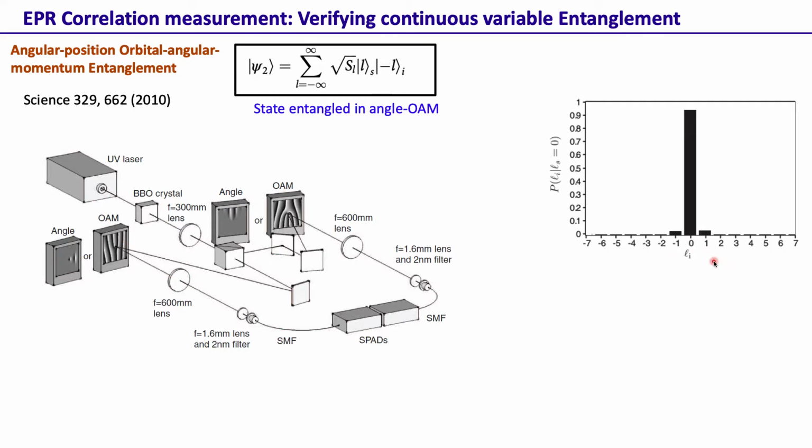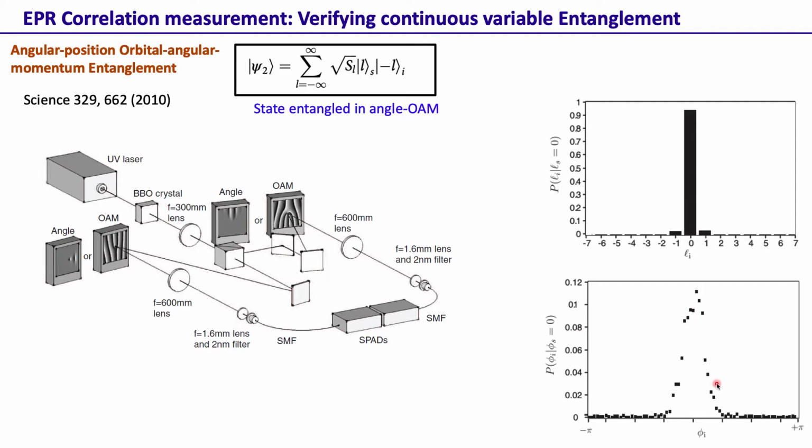So here is the experimental result. When signal is fixed at L equal to 0, and we change the orbital angular momentum value of the idler photon at which it is detected, then that's the probability we get. That means, of course, when signal is at L equal to 0, idler has most of the probability of being detected at L equal to 0, but there is a tiny probability that it can also be detected at plus minus 1 and so on. So this was for the L.